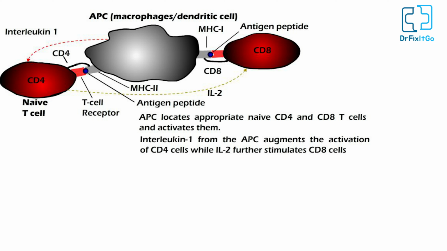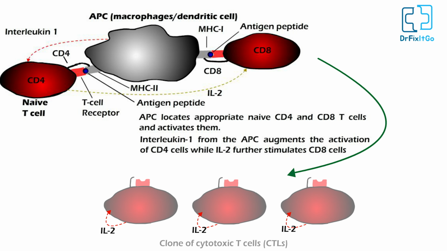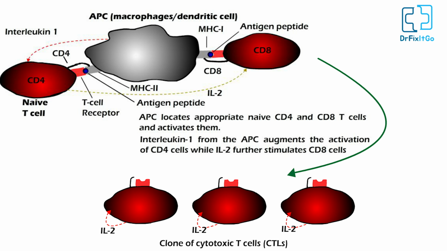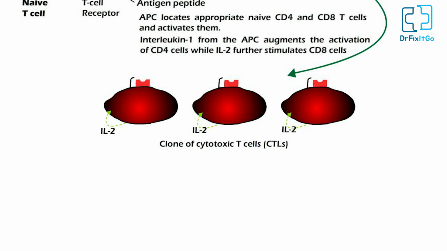Activation of naive CD8 T cells occurs through interaction with dendritic cells or macrophages displaying a MHC1. Activation also requires interleukin-2 stimulation. Both events activate CD8 T cells to divide into mature cytotoxic T cells, able to recognize the antigen being red-flagged on infected body cells.